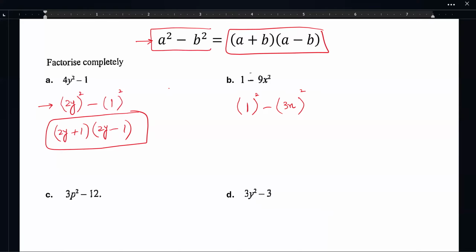Therefore, I can use the second part in which I will write two brackets: 1 plus 3x, 1 minus x. Yes, this is the way we use the identity to factorize the expression.